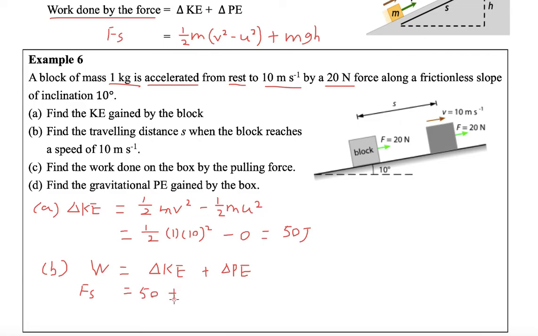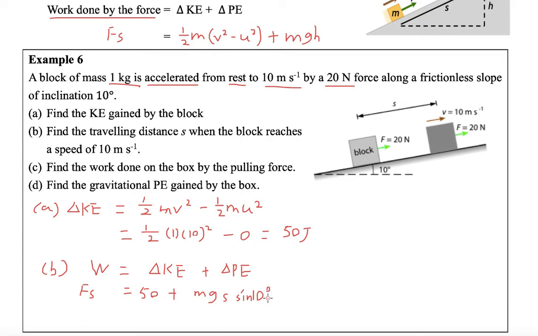And what is the change in PE? The change in PE should be mgh, right? But you don't have the h, though you can find it yourself. First, we write down mg. What is the h here? You know this s, and you know the inclination, which is 10 degrees, so you can find the h by using s sine 10 degrees.